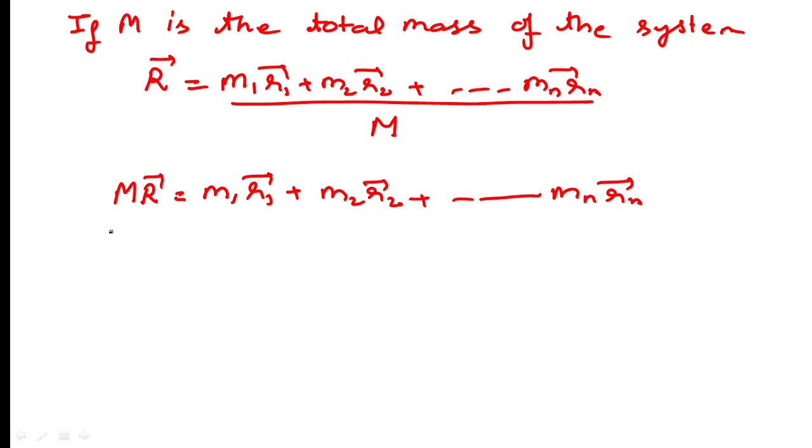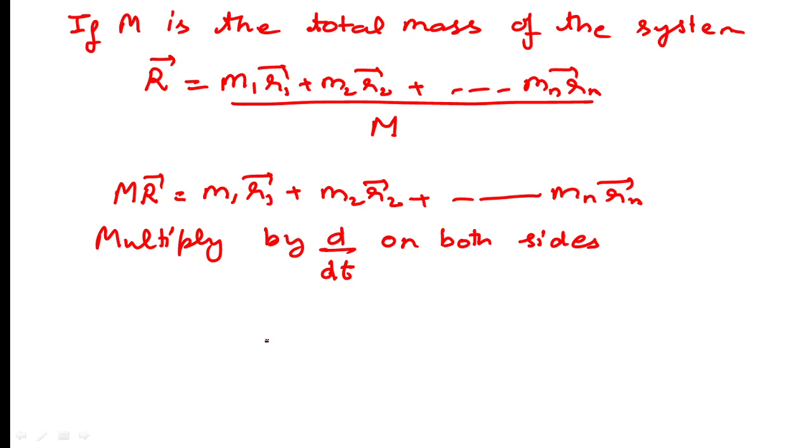Next we multiply by d upon dt on both sides. Actually this is differentiation, which we will do on another day.